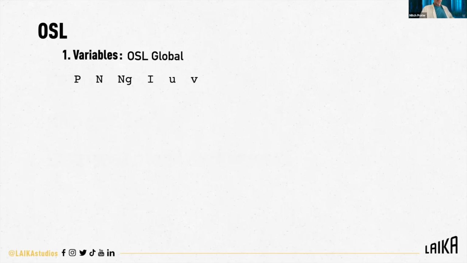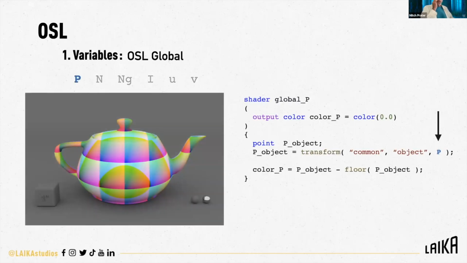So the crux of pattern shading is creating variation over the surface of an object. And to do that, we need to have information about the surface itself. So OSL has some predefined, or they're called global variables. These contain values that change depending on exactly what point on the surface is being shaded by the renderer. So here's our first shader.